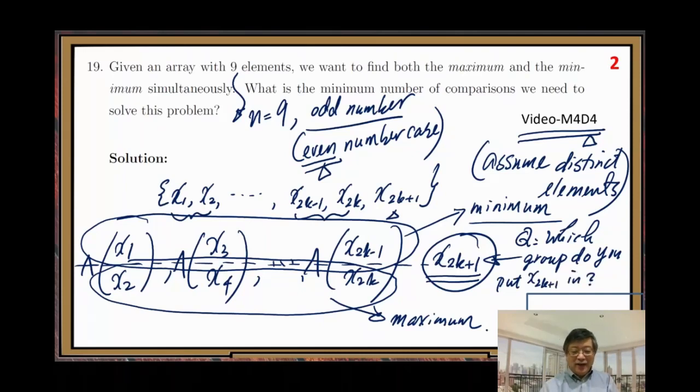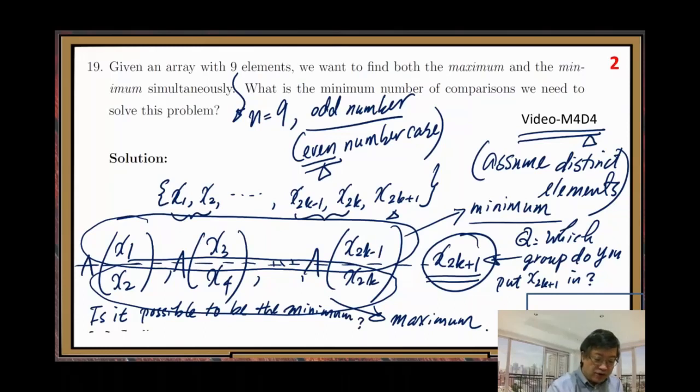When you look at that question, you just need to ask this question. Here, I refer to that x2k plus 1. Is it possible to be the minimum? Then the same question: is it possible to be the maximum?